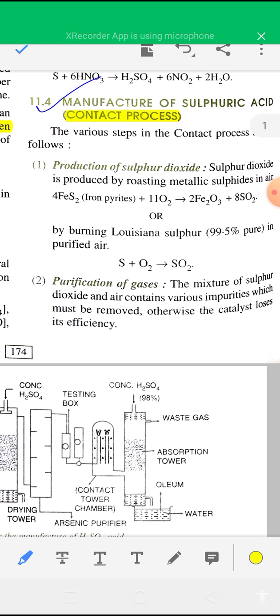In the contact process, the first step is production of sulfur dioxide.